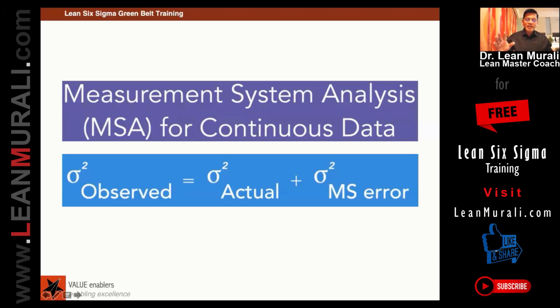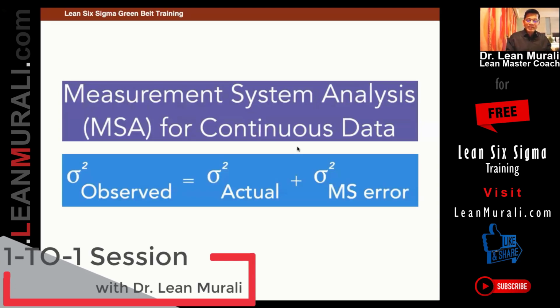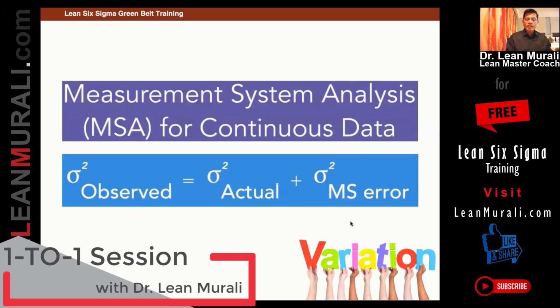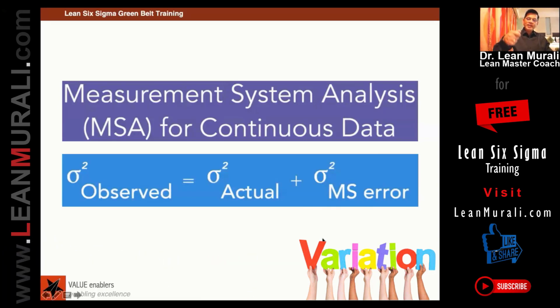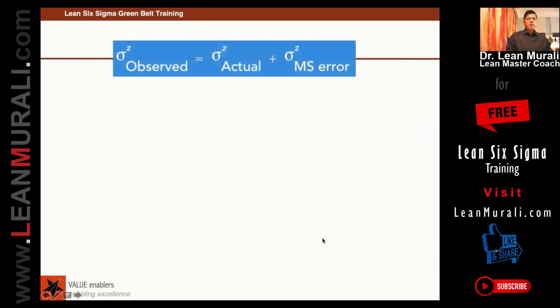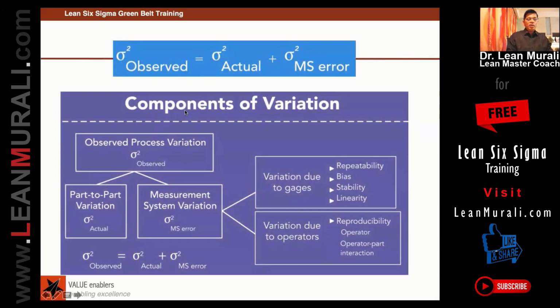But unfortunately, in the real world, there is a variation caused by the measuring equipment, the flow meter in the case of petrol. So what are the components causing this variation? Observed variation includes actual variation, because every part will vary.